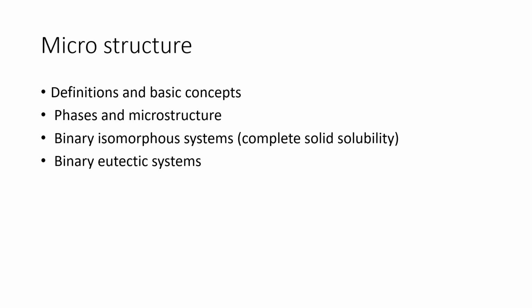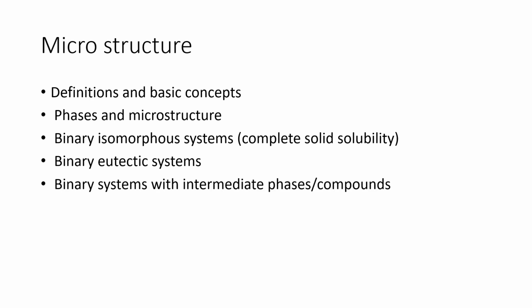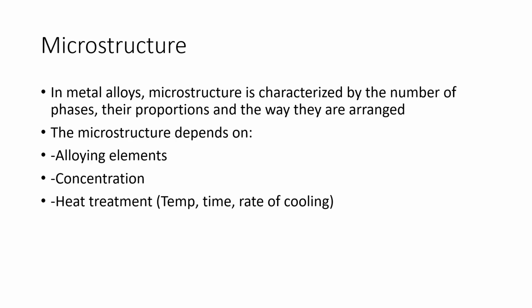We will discuss binary isomorphous systems, binary eutectic systems, and binary systems with intermediate phases and compounds. After we discuss this, it will be easy for us to discuss the iron carbide microstructures.